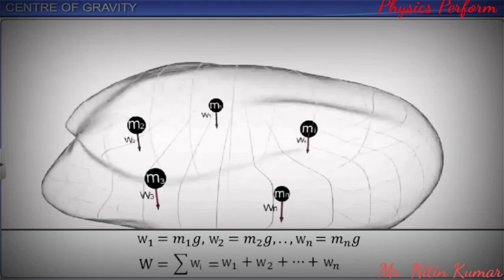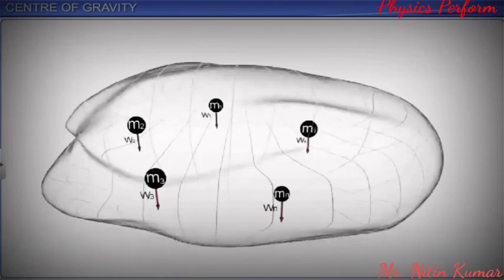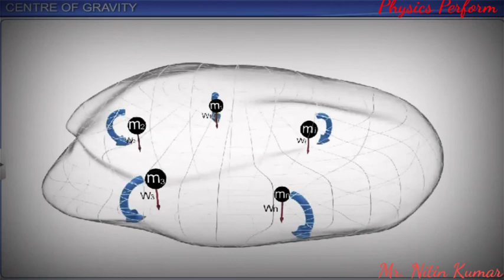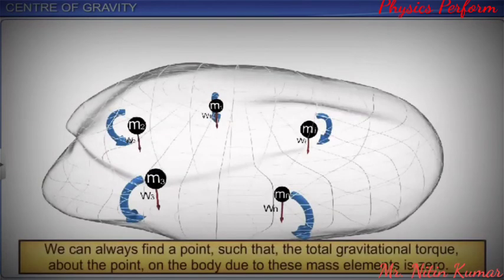The weights of these mass elements produce gravitational torque on the body. We can always find a point such that the total gravitational torque about the point on the body due to these mass elements is zero.